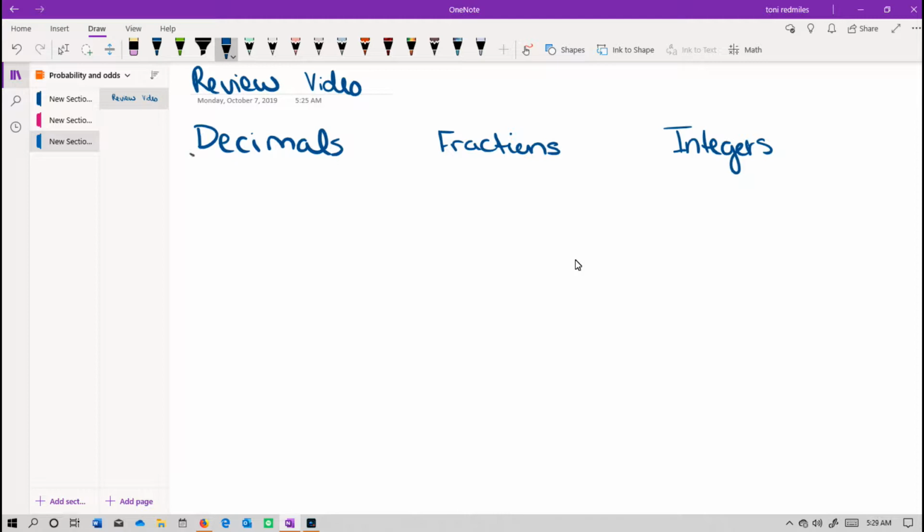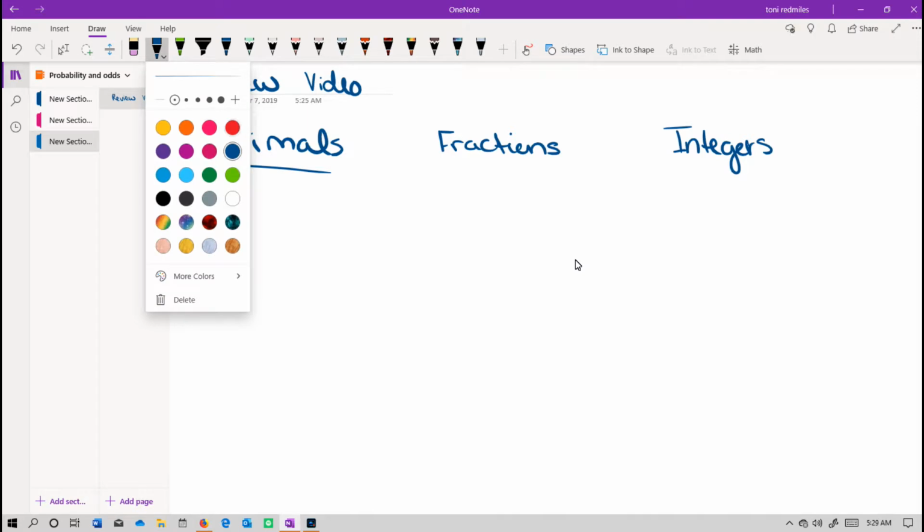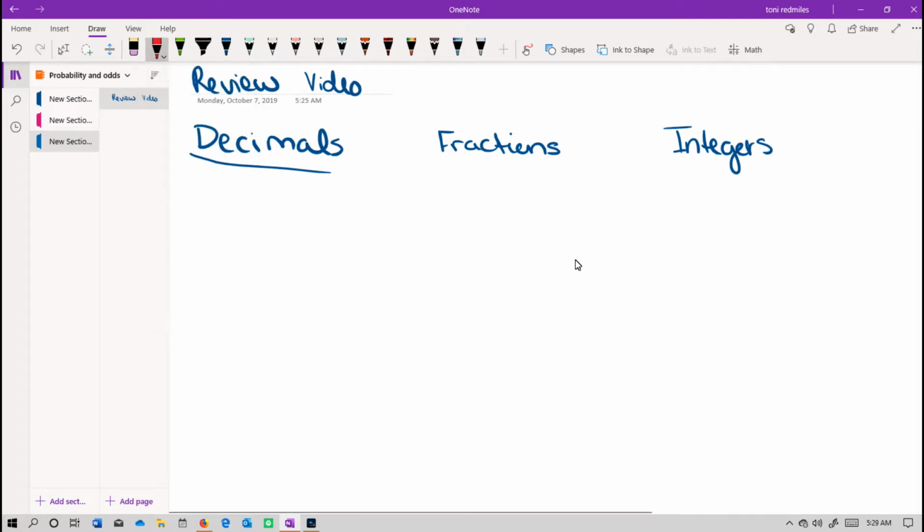So for decimals, the things that you have to know before going into this class, and this is for fractions too, for both of these, you need to understand these concepts: less than 1, so that idea of less than 1. We'll go over that today. Also, dividing with a remainder.